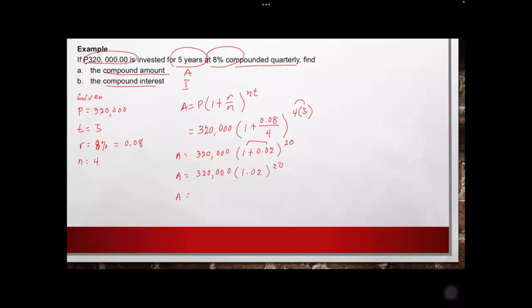What's the answer? Sir, yung final answer na po. 475,488 po.